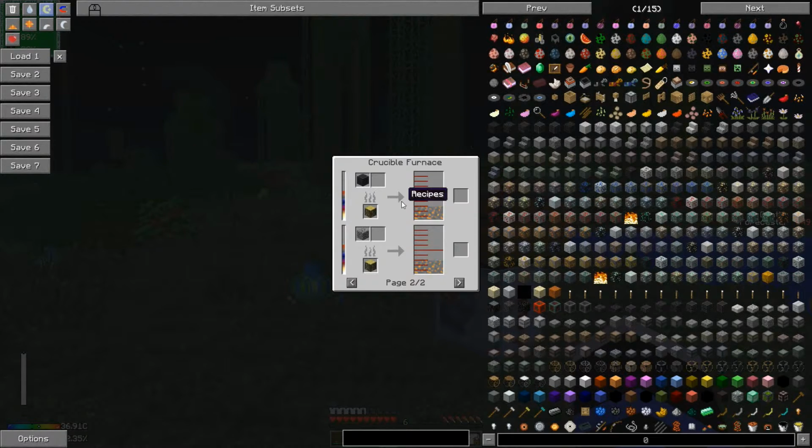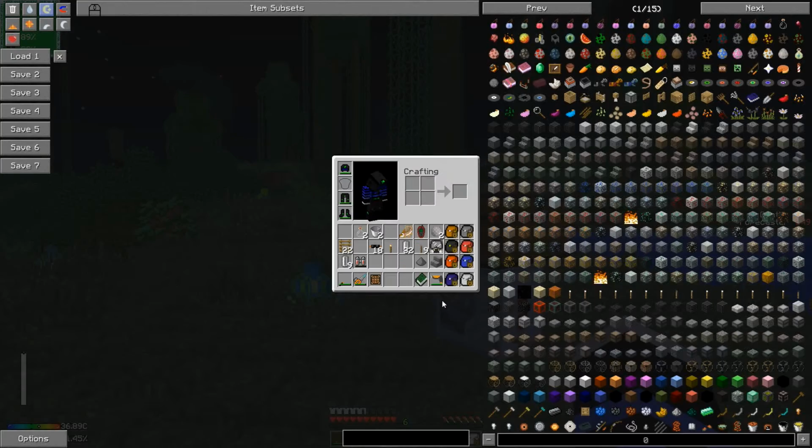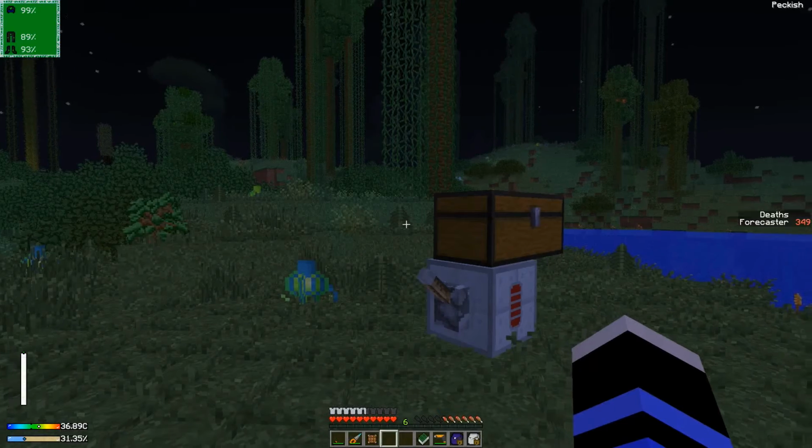It's probably not likely. But also, according to the Industrial Craft Wiki, this lava is 1,200 degrees. So I set that as the required melting point, which is supported by the crucible furnace, of course. So those are the changes.